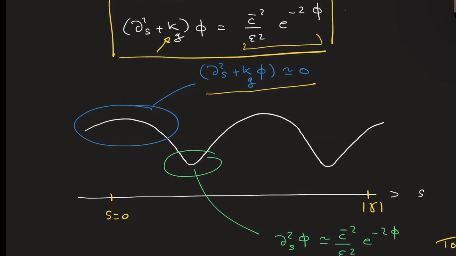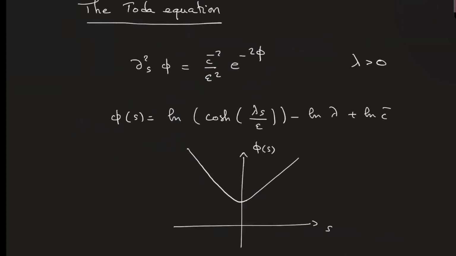And if you think that, for example, the Gauss curvature is constant and positive, then there is no big mystery in this case that this part here looks like a multiple of the cosine function, which has been suitably translated. Okay, so as I said, the Toda equation, you can solve it explicitly.